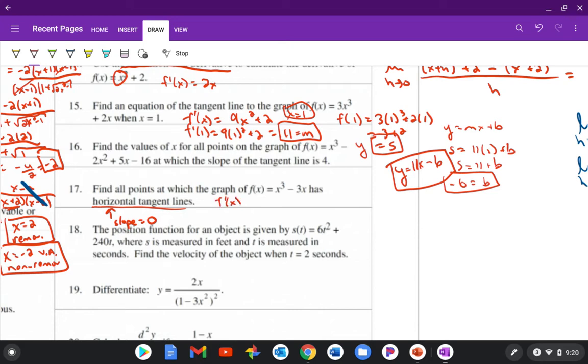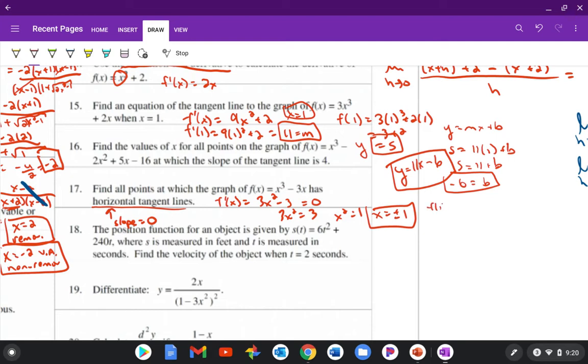f prime of x would be 3x squared minus 3. Set that equal to 0. Just solve it. We get 3x squared is 3. Divide that, x squared is 1. So then x equals plus and minus 1. And I guess it does say points, so technically you could go ahead and find the points by finding the y values.